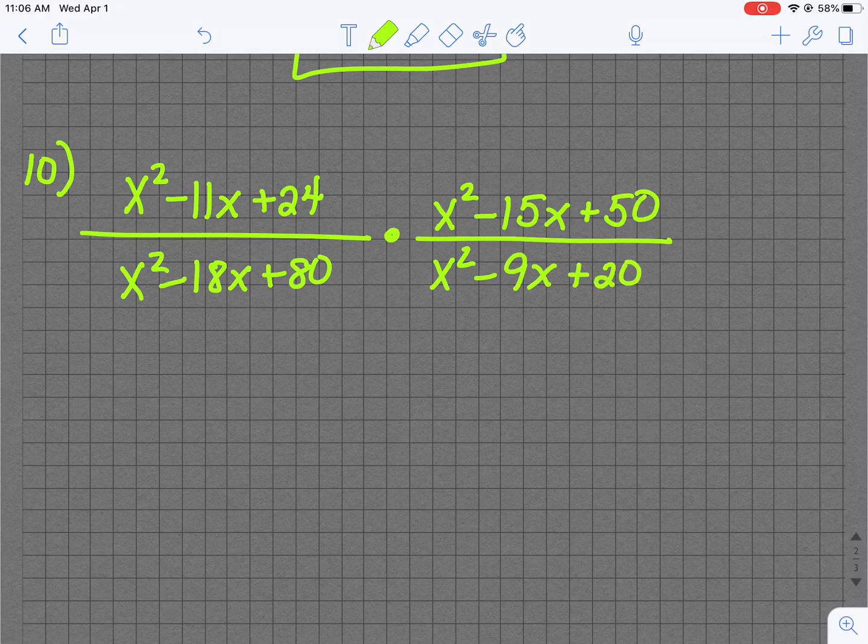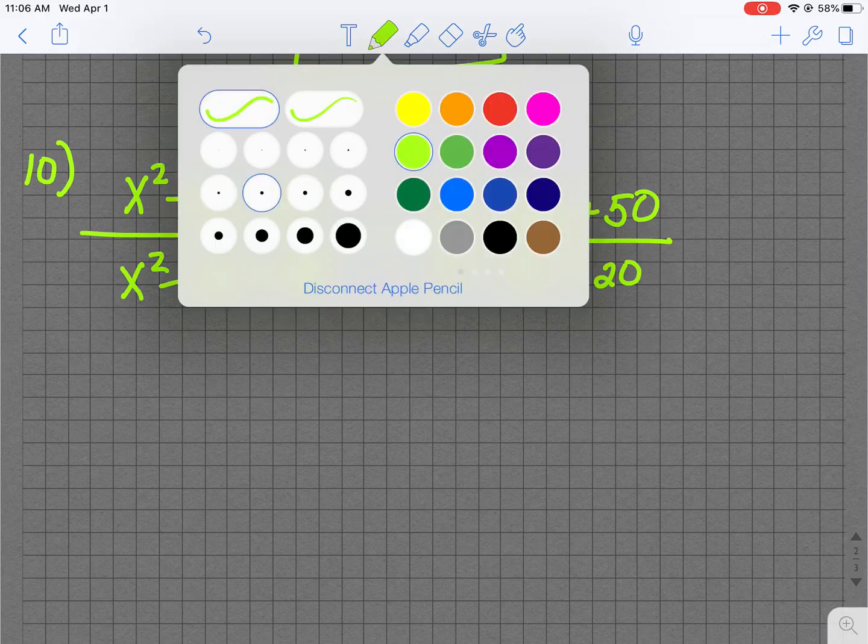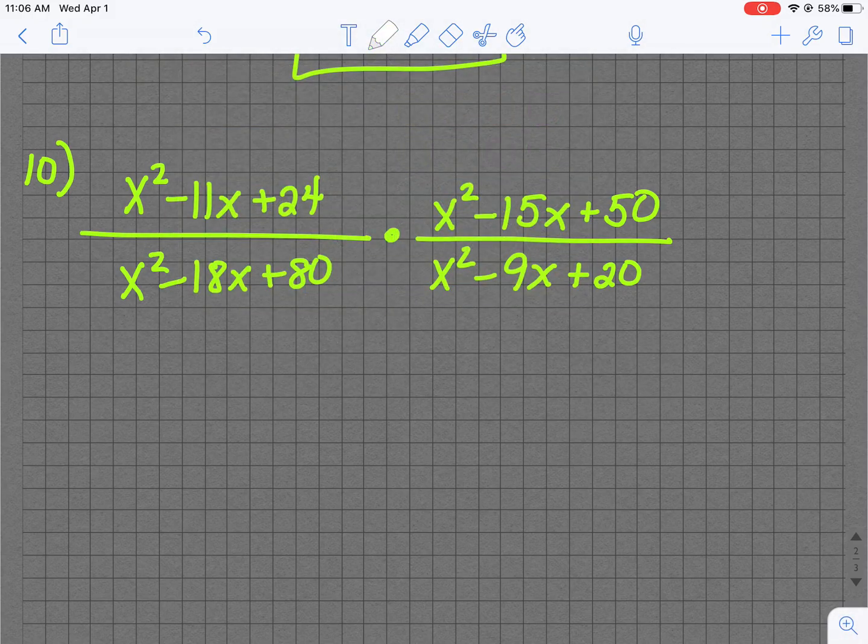Now this is where if you don't know how to factor, you're not going to know how to do this. So I'm going to factor the numerator. In the numerators here, when I did my magic X and then I did either a box, grouping, or throw out the trash, I ended up with x minus 8 and x minus 3.